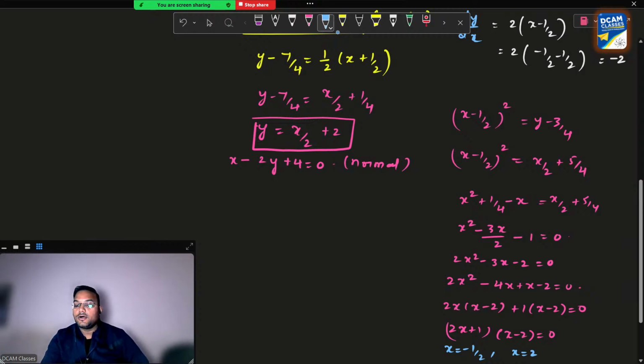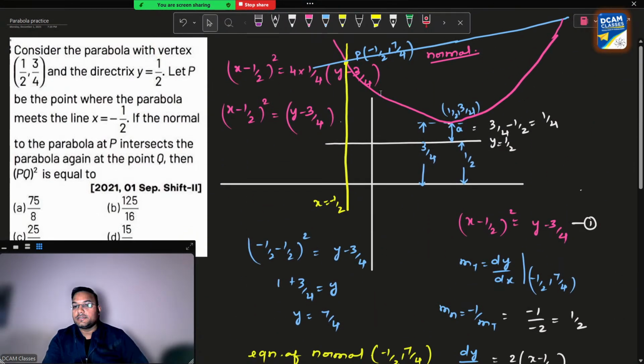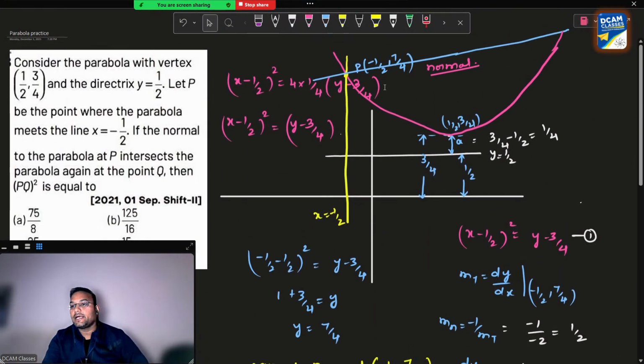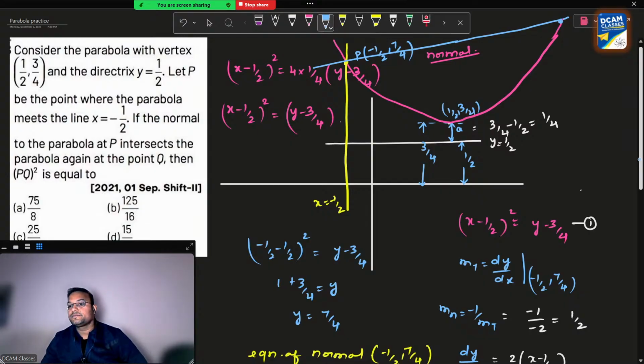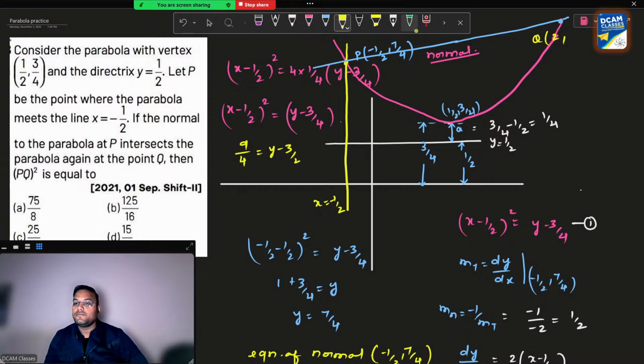You have already got the point where this normal is intersecting, which is minus half. So the other point, the x coordinate of q, should be 2. And when you put the x value 2, you'll get the y coordinate: 9 by 4 is equal to y minus 3 by 4, so y is 3.